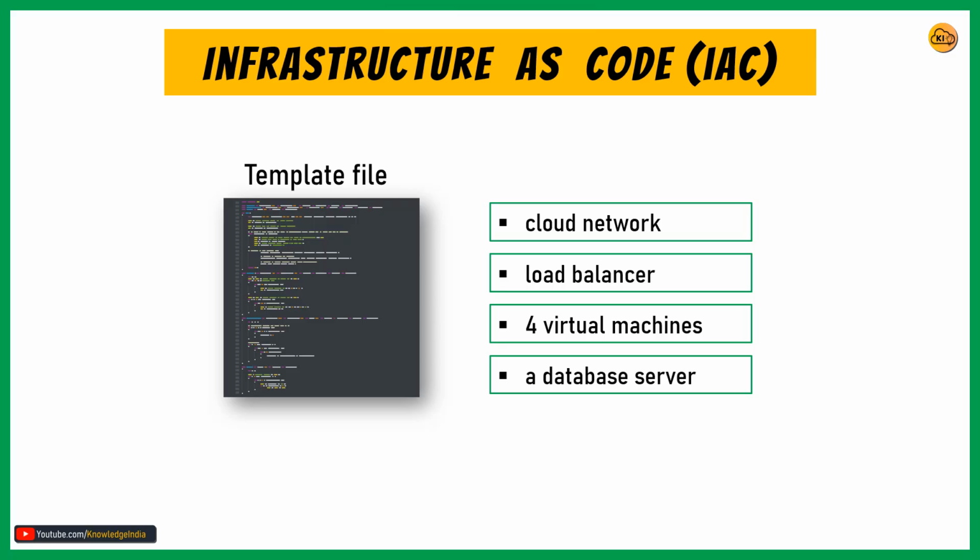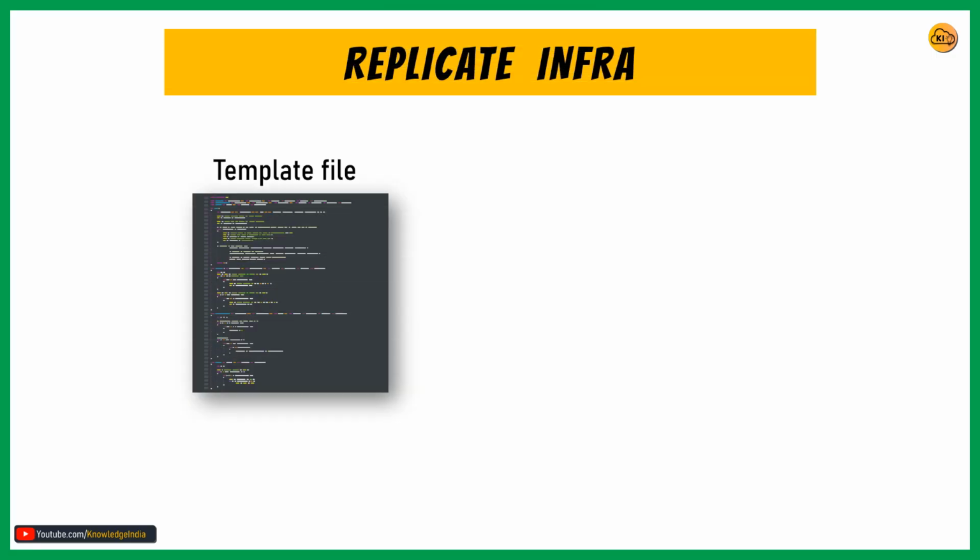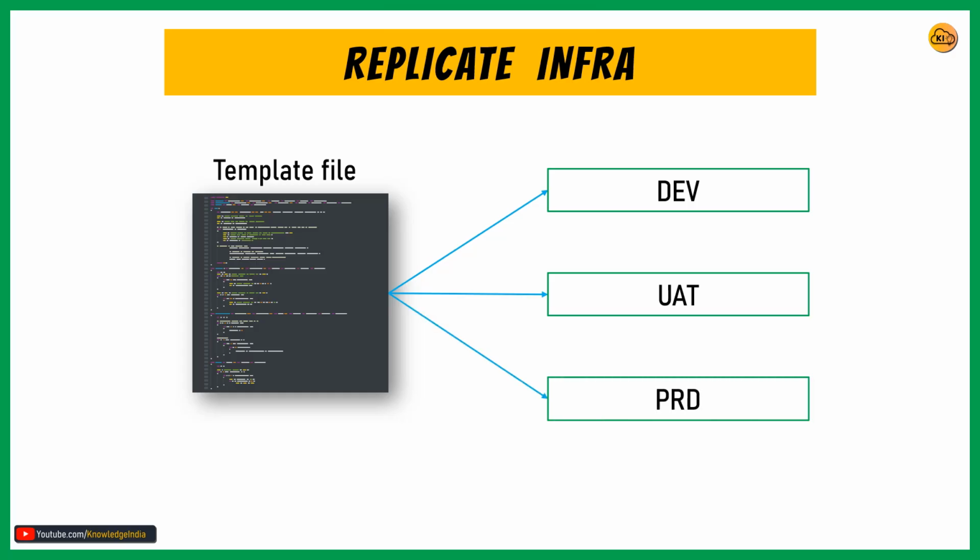And with this template, you can create multiple application environments on the cloud without making any mistakes. It increases your speed and brings in repeatability. In the cloud world, you do not provision and configure infrastructure manually. It is all done via code, and infrastructure as code is a great help there.